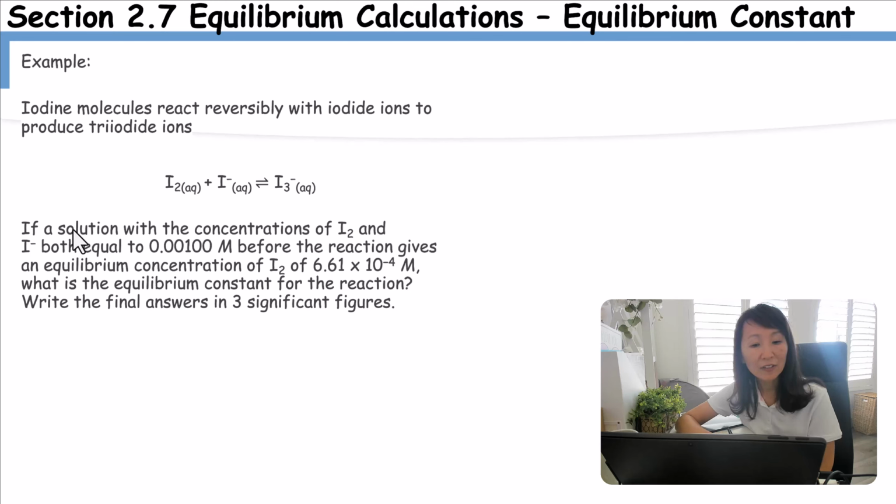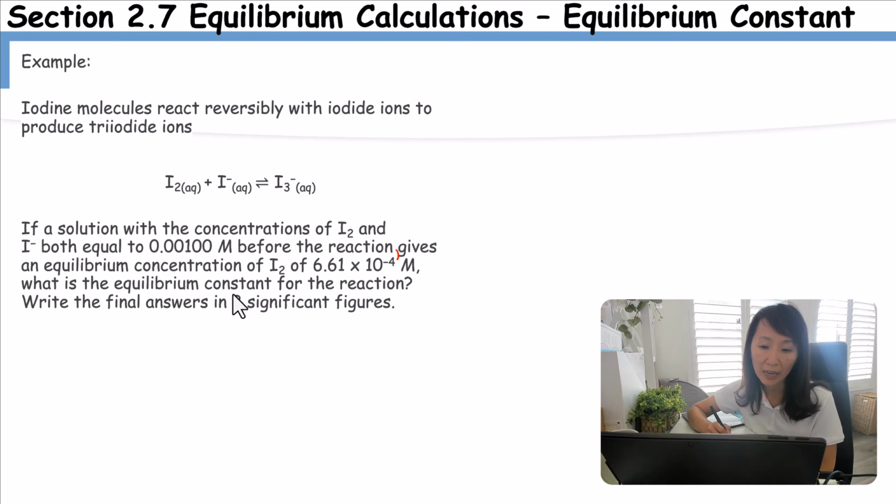It says if a solution with the concentration of iodine, so that's the I2, and the iodide ion equal to 0.00100 molarity before the reaction gives an equilibrium concentration of I2 of 6.61 times 10 to the negative 4 molarity, what is the equilibrium constant?